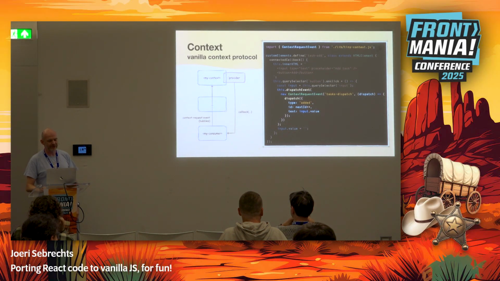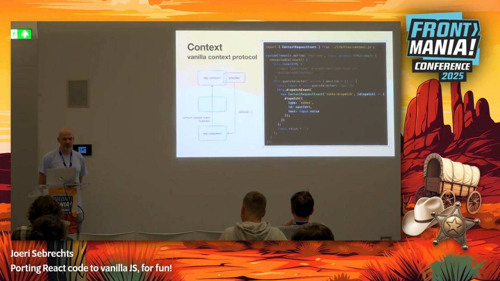Now, how does that actually technically work? Well, there is this pattern or standard, I don't know what you're supposed to call it. The Web Components standardization group came up with it. It's a way of doing context between web components. You have your consumer, which needs context. It dispatches a context request event, which is a custom event type. This event will bubble up the hierarchy to wherever it finds a listener that provides that context.